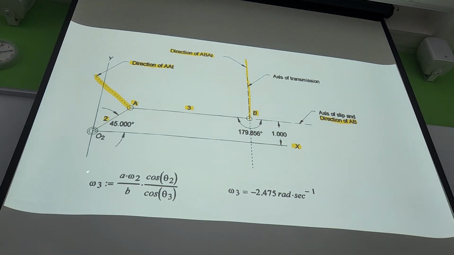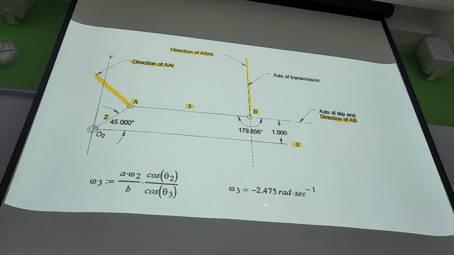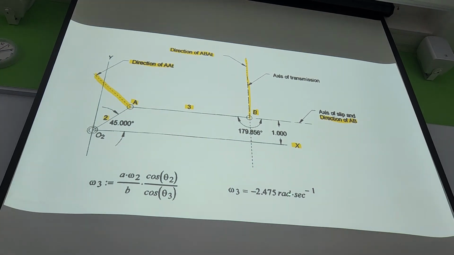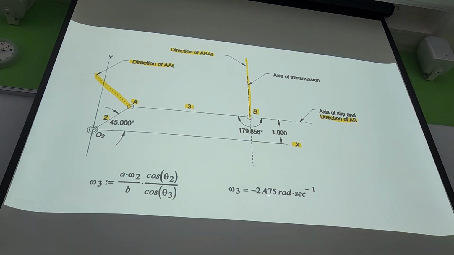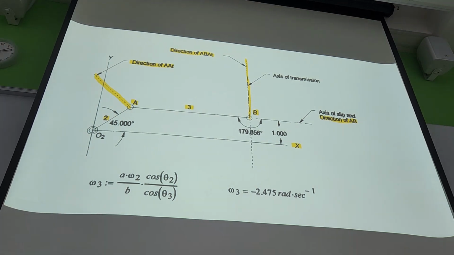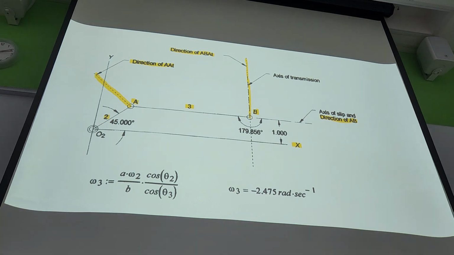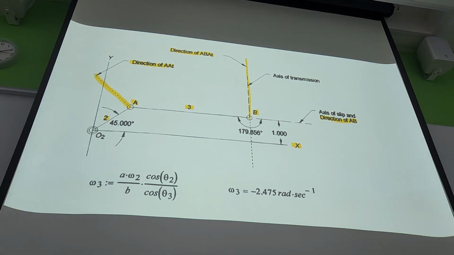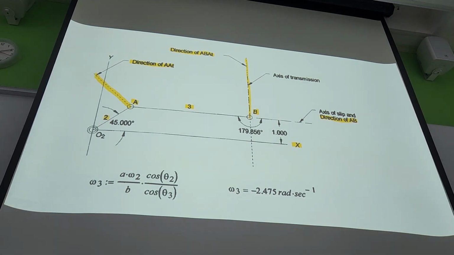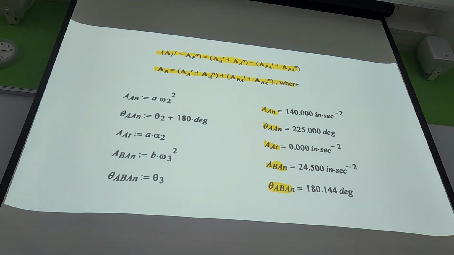Let us say your angular velocity, I think you have calculated earlier, is about negative 2.475. So you may take the angular velocity of link 3 as negative 2.475. Then you can calculate these things.